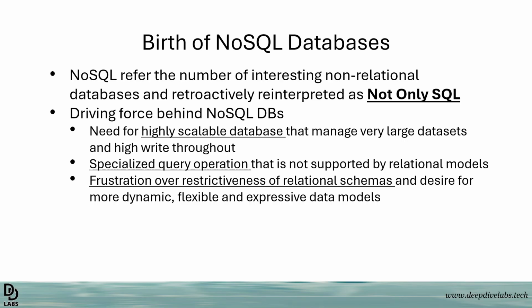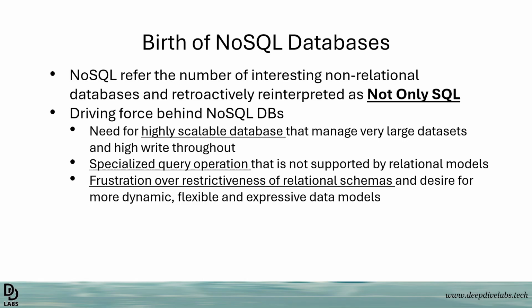Of course, with the growth of multiple data sources, there was increasing frustration over the restrictiveness of relational schemas and the desire for more dynamic, flexible and expressive data models, right? Relational database models are a little bit more rigid and need to be established before the application is developed.